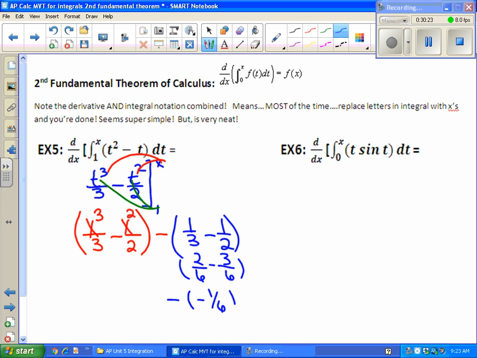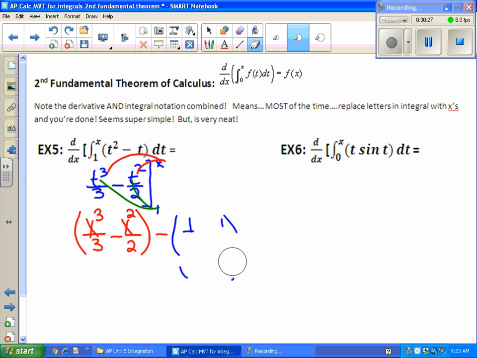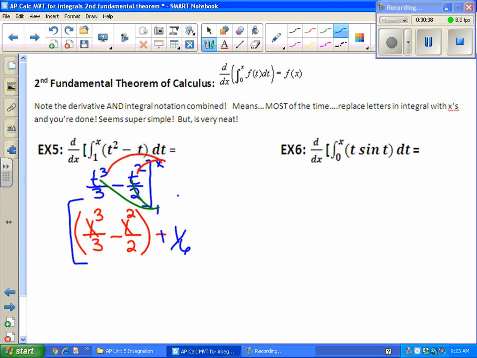If you subtract -1/6, in the end you're going to end up adding 1/6. So I'm going to add 1/6. Are we good? This is what we end up with when we do the integral.